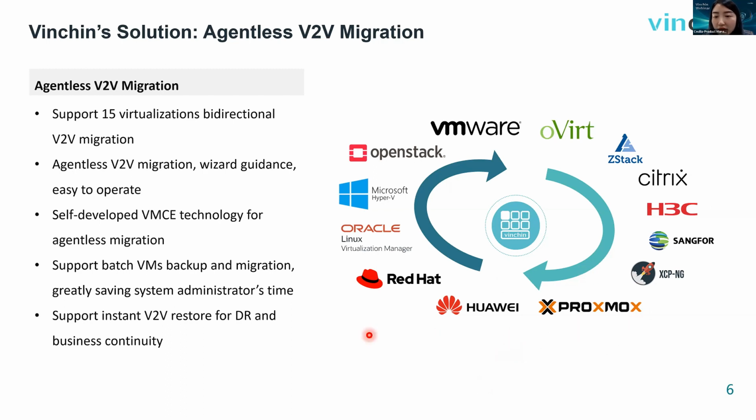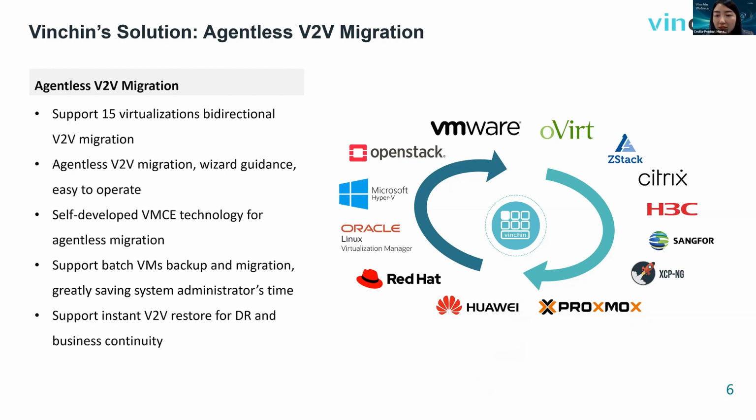So with Vinchin, you can do batch virtual machine backups or migration to complete the virtualization transformation at one time. This greatly saves the administrator's time. Besides, we support instant V2V restore.